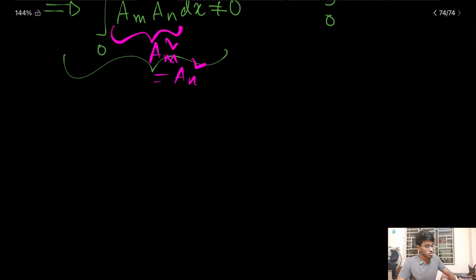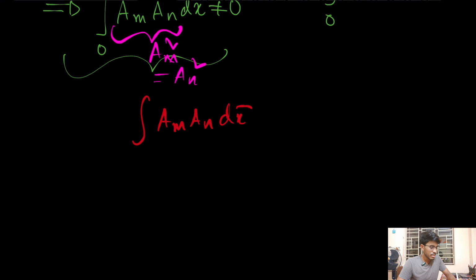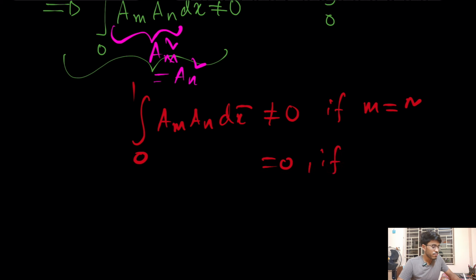So I am just writing the orthogonality condition: the integral dx bar from 0 to 1 is not equal to 0 if m is equal to n, and is equal to 0 if m is not equal to n.